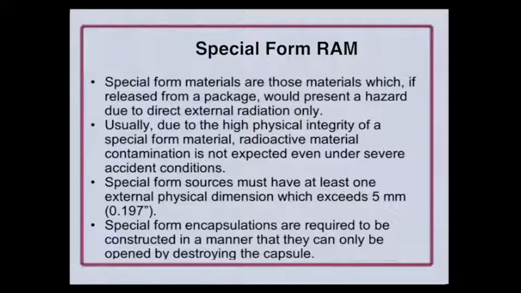Special form encapsulations are required to be constructed in a manner that they can only be opened by destroying the capsule. In other words, you can't take it apart, get the radioactive material out, put it back together, and it not be detected.